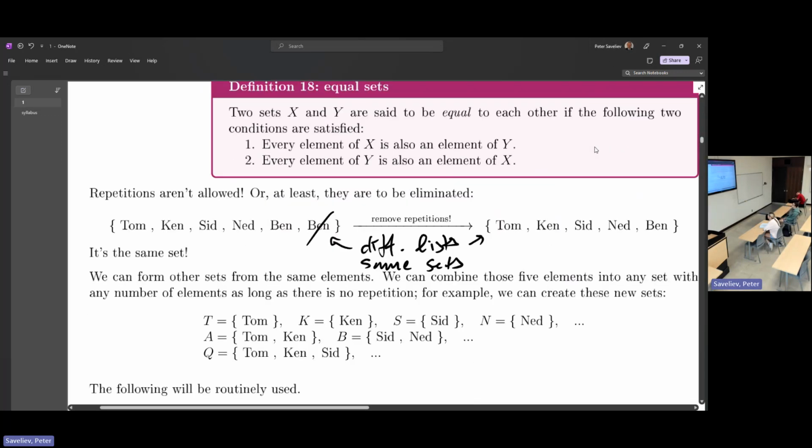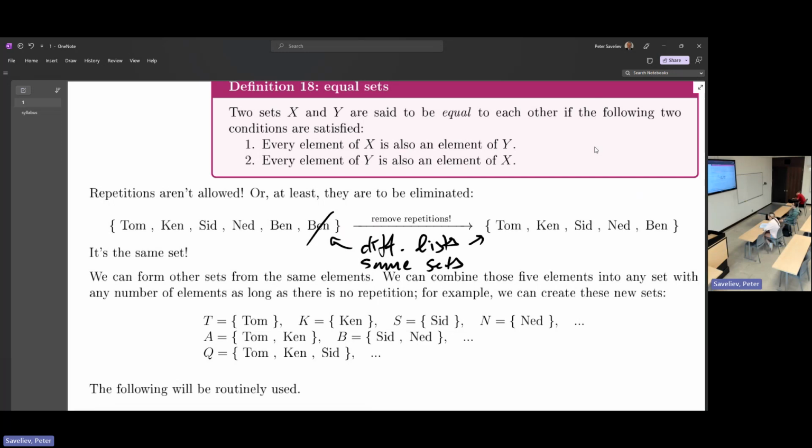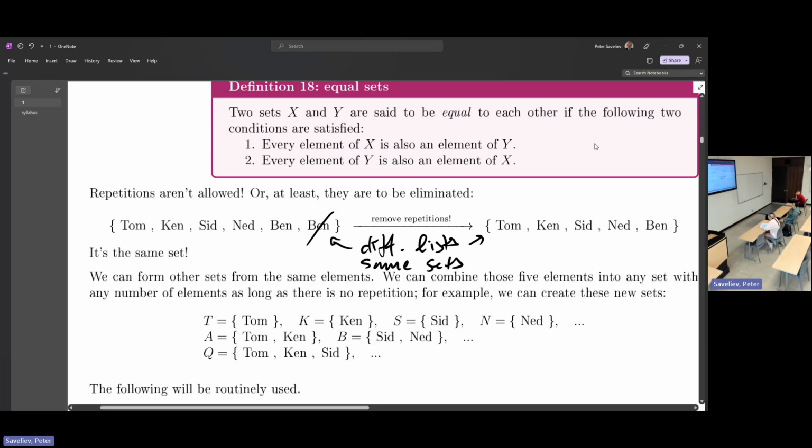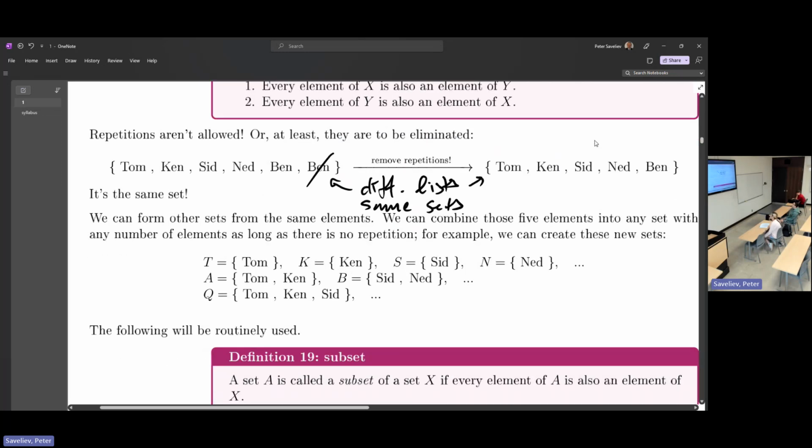Okay, subsets. It's the sets within sets. Here I take my 5 element set of boys, and I could go with sizes 1, 2, 3, 4, and 5 for subsets, and then I can create a bunch of them. Once again, if you're into that kind of thing, you can try to count in how many ways you can do that.